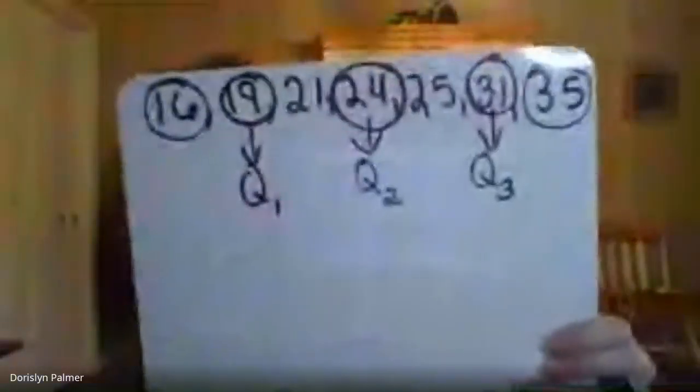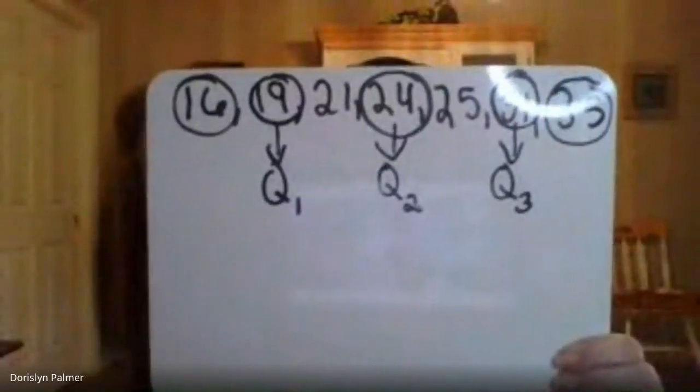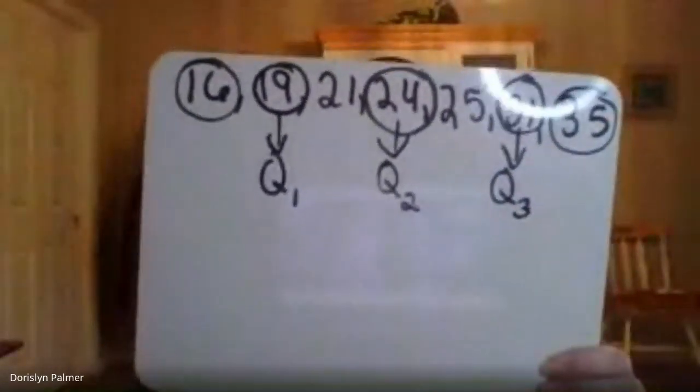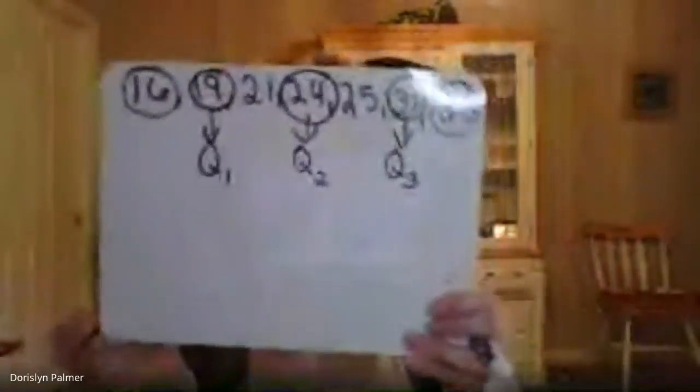Okay. And then 16 and 35. I'm just going to circle those. Those are our lower extreme and our upper extreme. Okay. And that's our smallest and biggest number. So if I'm going to make a box and whisker plot, I make a number line. I have to make sure it goes at least from the numbers 16 to 35.